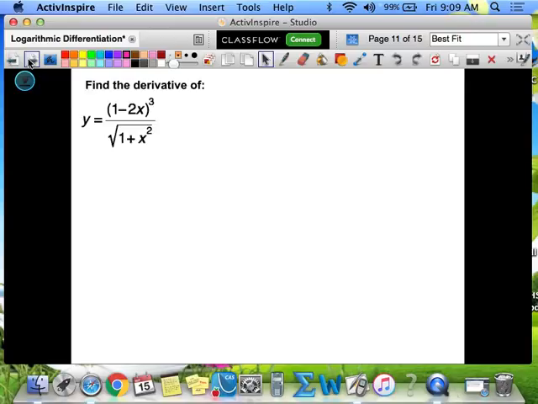Because the square root of 1 is 1, and the square root of x squared is x. No, can't do that, because it's plus. Yes, I can. Sorry.